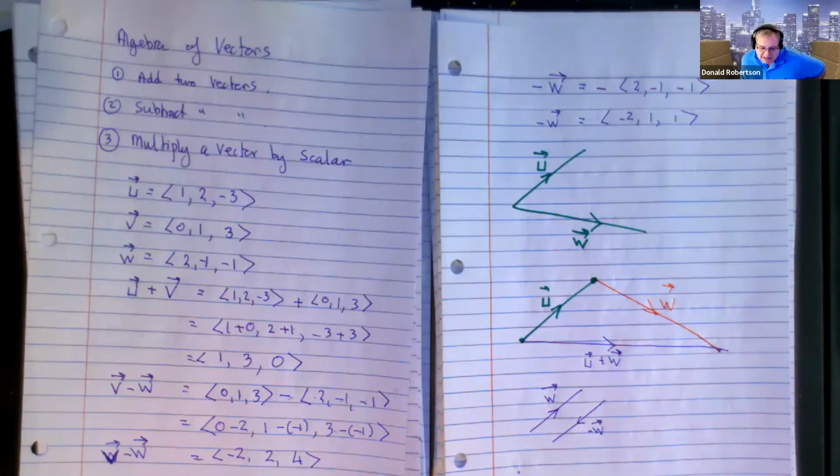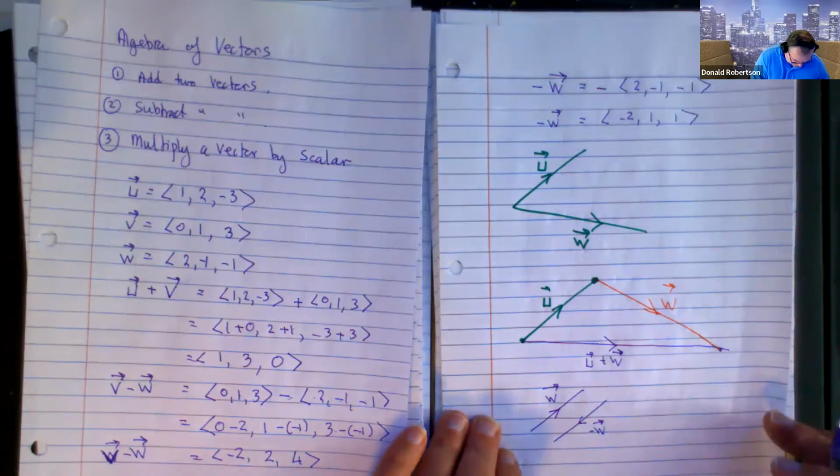So when you put a negative in front of a vector, the only thing you change is the way it points. Putting a negative in front of a vector is simply changing its direction. Everything else stays the same. The arrow just changes up to down, or vice versa.